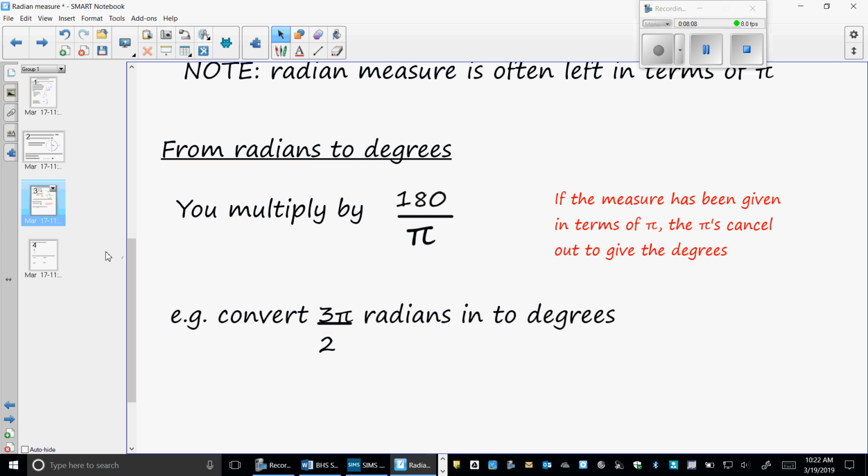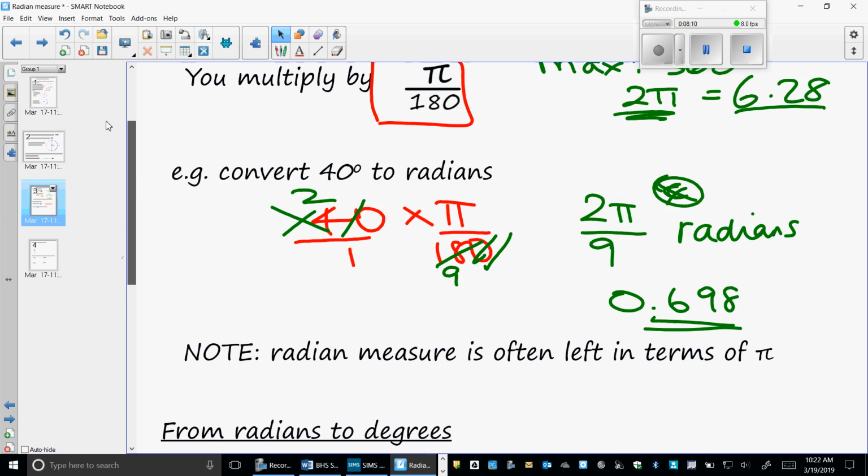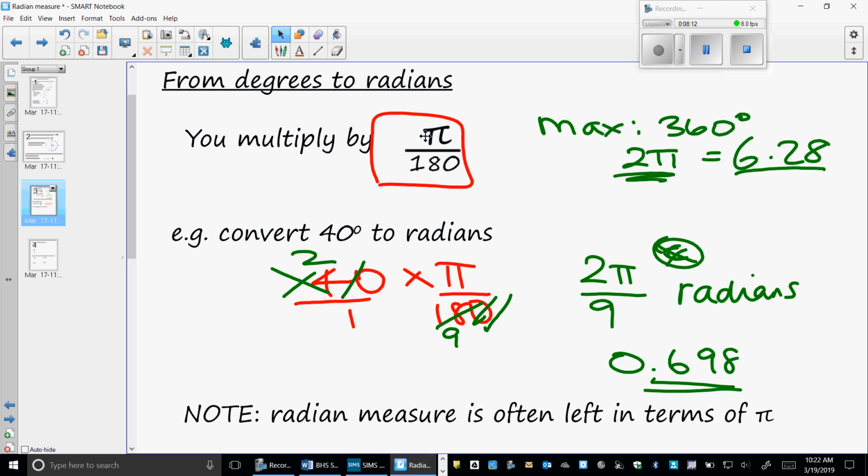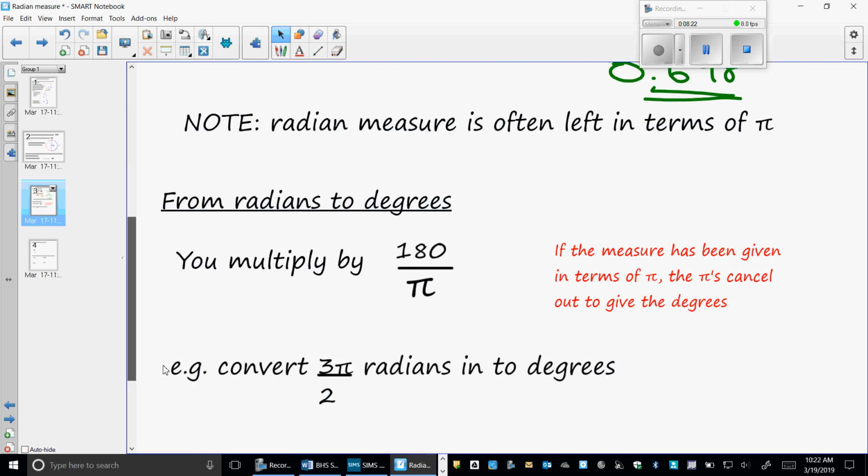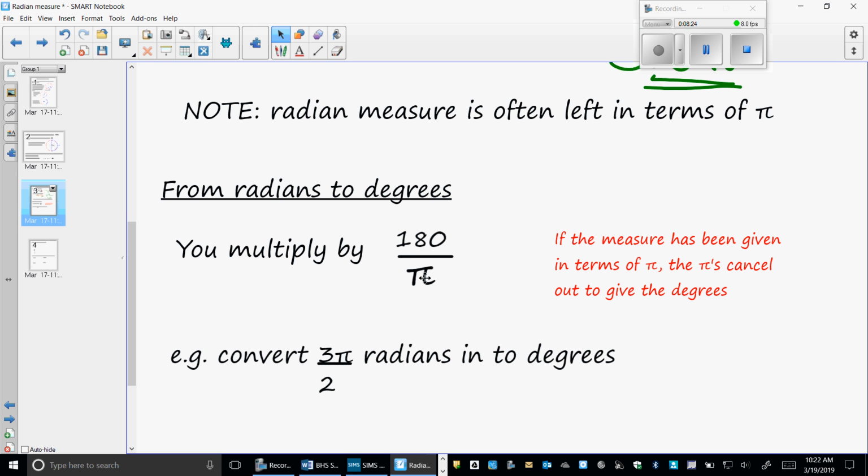Up here, the pi is on the top, so when you multiply, you're going to keep pi in your value, yes? If they've given you something in terms of pi, then your pi's are going to cancel when you multiply by this one, because the pi's on the bottom.